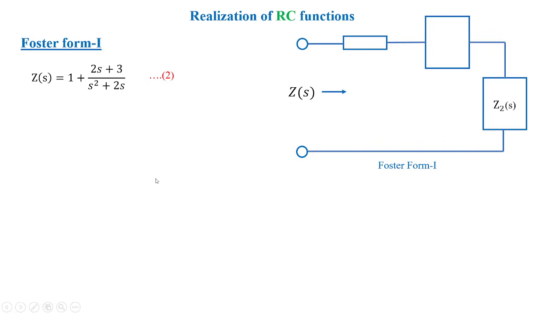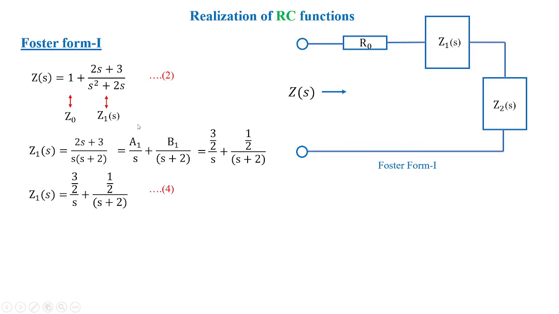Now the general representation of Foster form 1, you can see we have Z1, Z2, and that is obtained here, which is nothing but Z of s is equal to Z0, which is 1, and Z1 of s is nothing but 3 by 2 by s, and Z2 here is given by 1 by 2 divided by s plus 2.